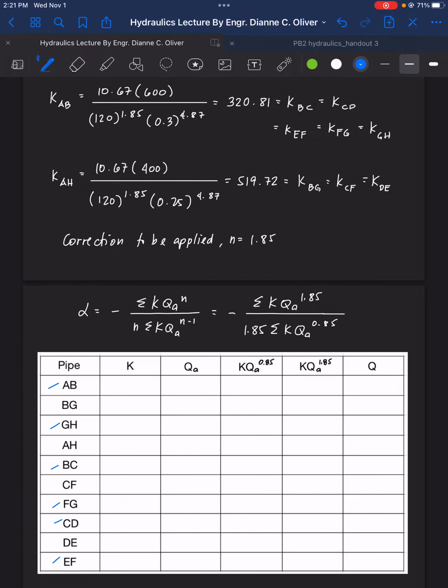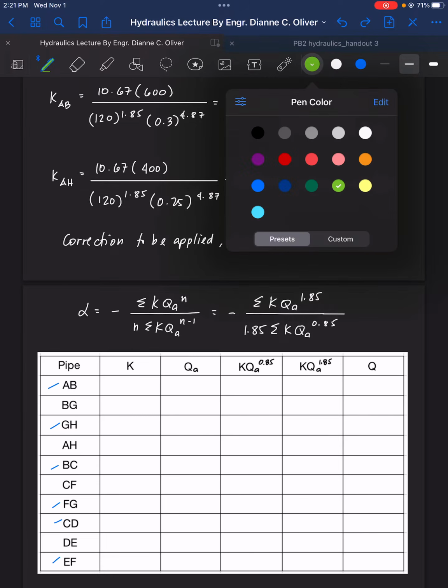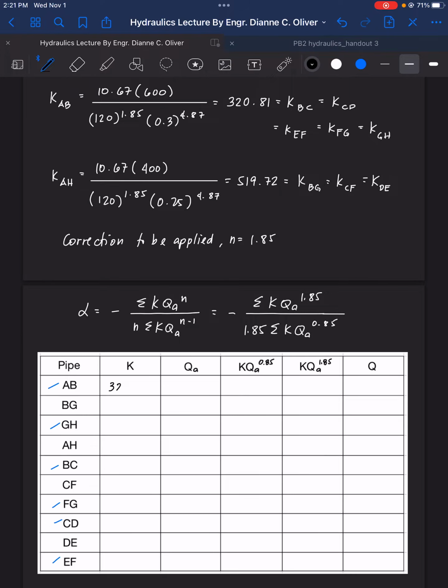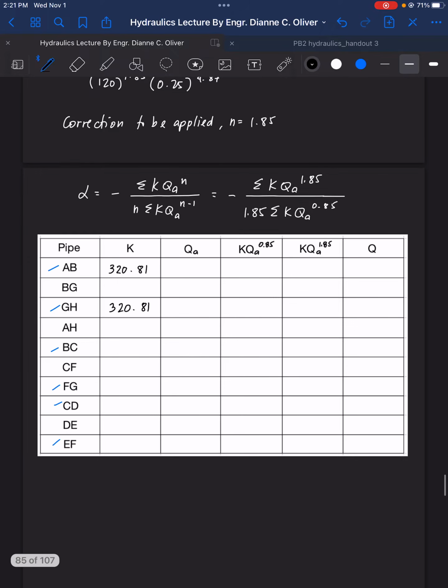So there are 6 pipes with the same K value of 320.81.